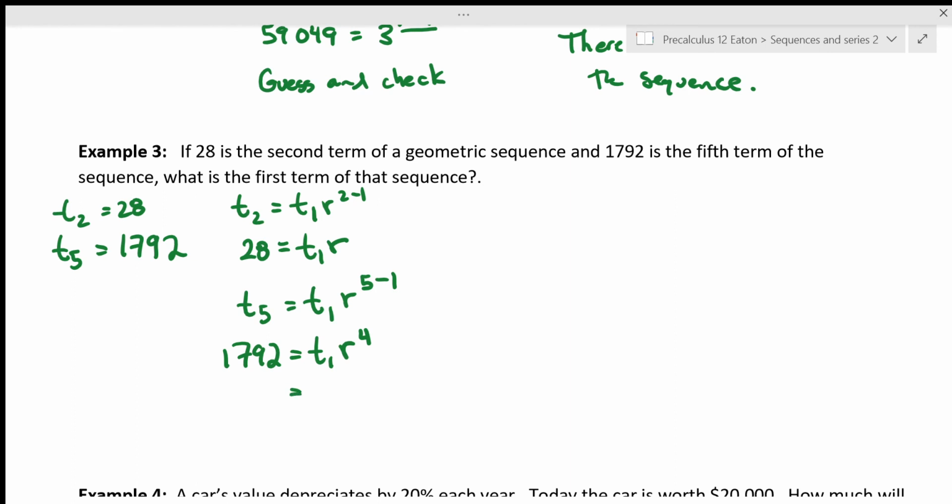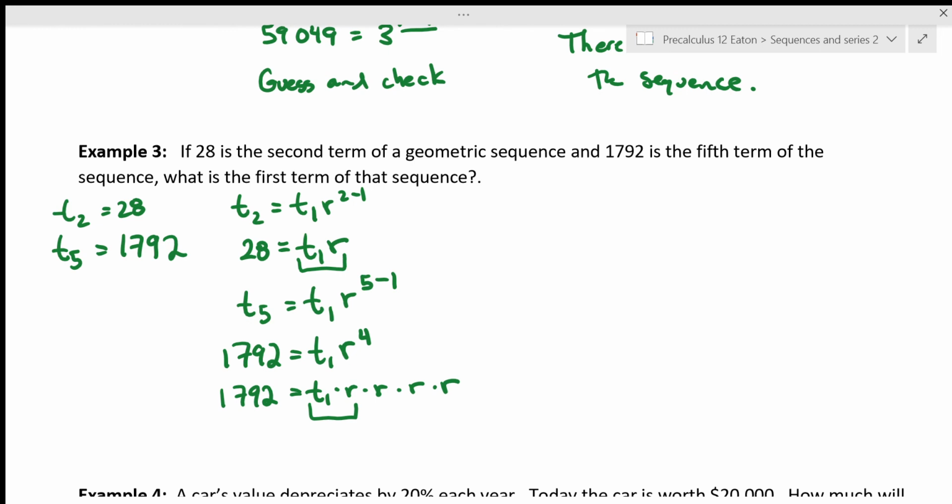So this is equal to T1 times r times r times r times r. And this works for any number. So what I'm going to do is substitute T1 times r. We know that T1 times r equals 28. So I'm going to replace the T1 times r with 28.